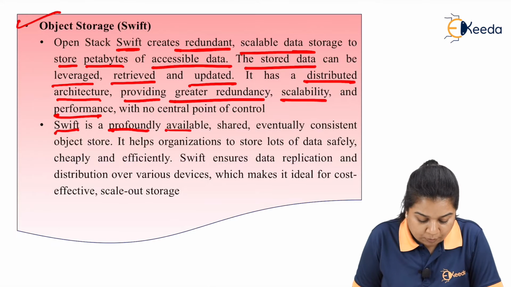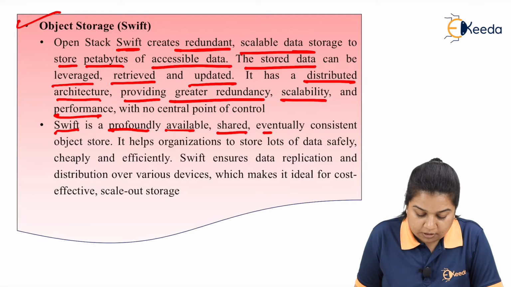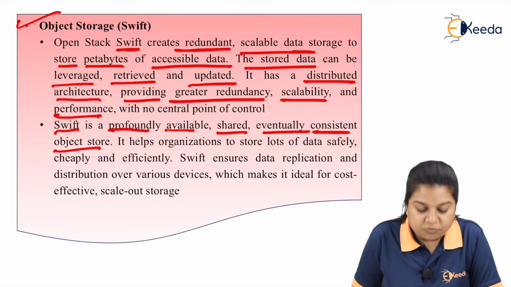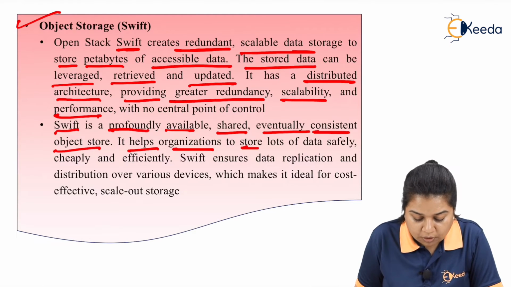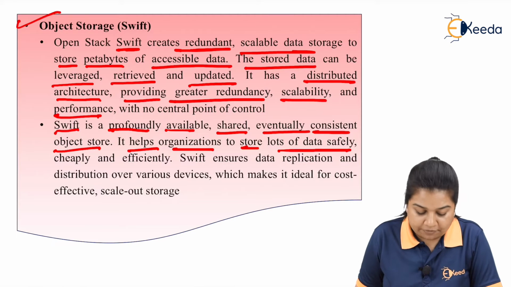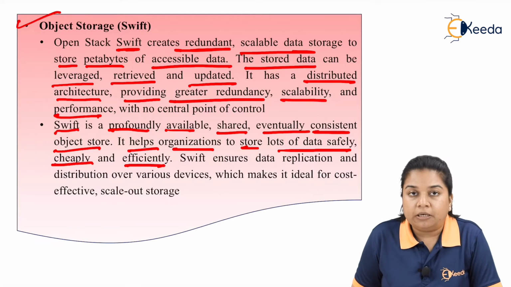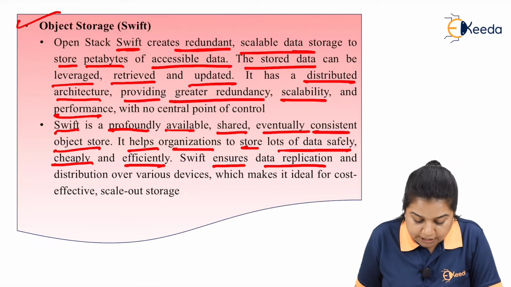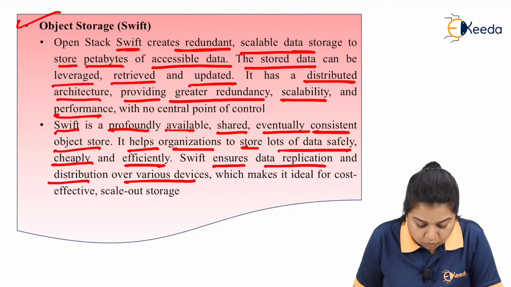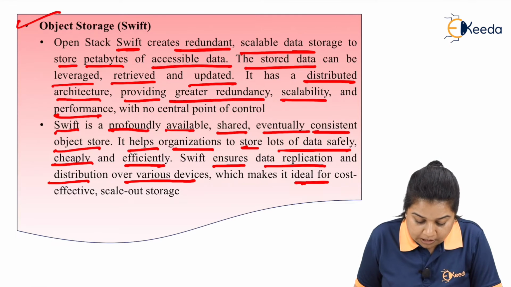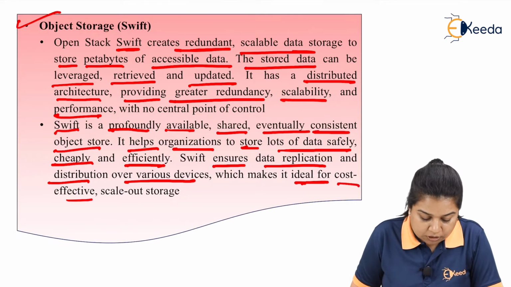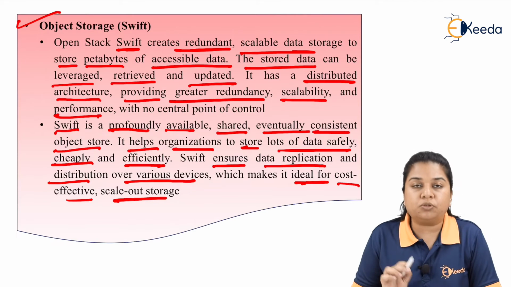Swift is a highly available, distributed, eventually consistent object store. It helps organizations store lots of data safely, cheaply, and efficiently. Swift ensures data replication and distribution over various devices, which makes it ideal for cost-effective scale-out storage.